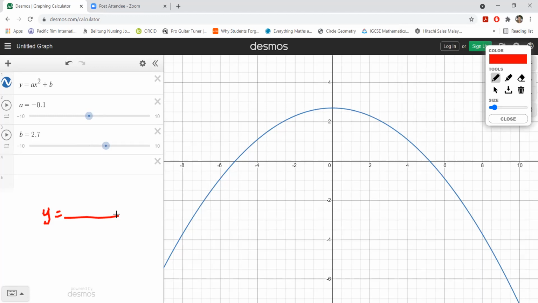You've got decimals now, that's okay. But in this case, A is negative because now the graph is upside down. Okay, one answer. Keep going.